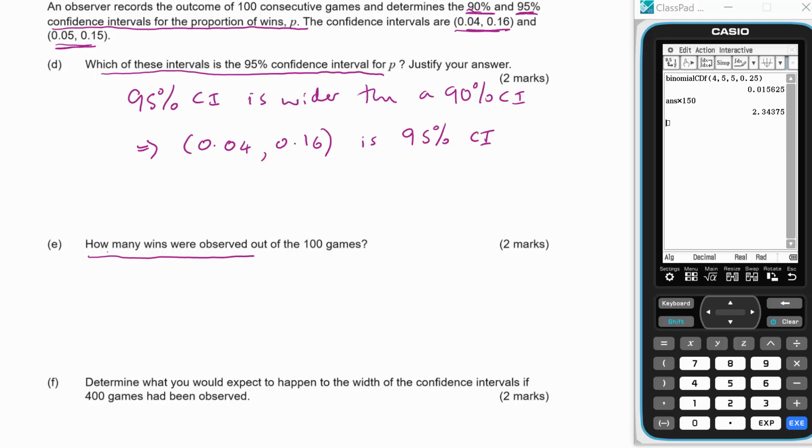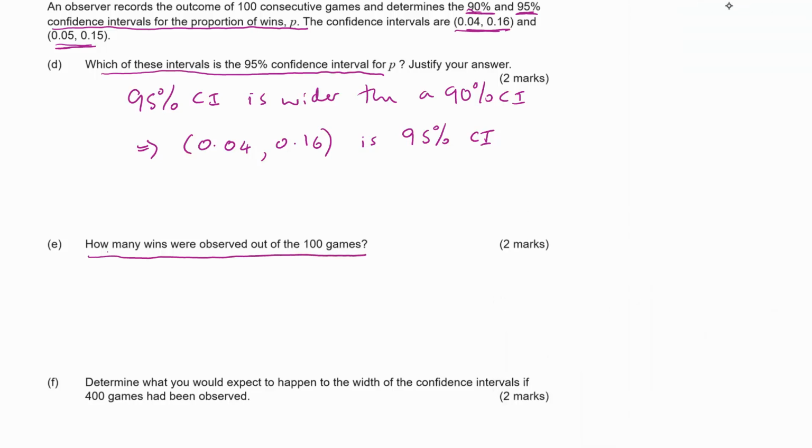How many wins were observed out of the 100 games? Well, for this, let's just think about how a confidence interval is constructed. This would be p hat take away something, and this would be p hat add the same thing. So the actual observed wins would be at the center of the interval.